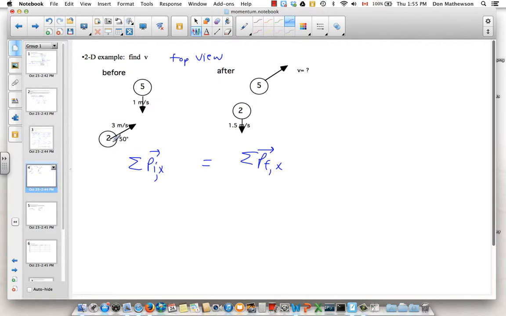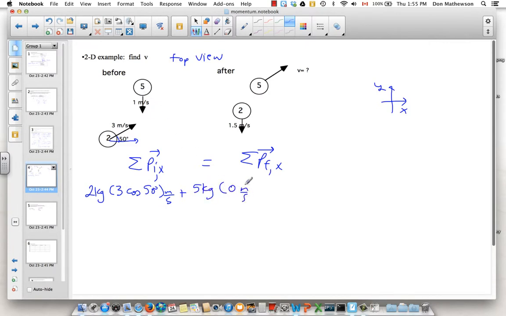So in the x direction, by x and y, here's my coordinate system here, we can see we've got a component here. So the 2 kilogram mass, the x component is going to be the cosine component, 3 cos 50 meters per second. The 5 kilogram has no x component.